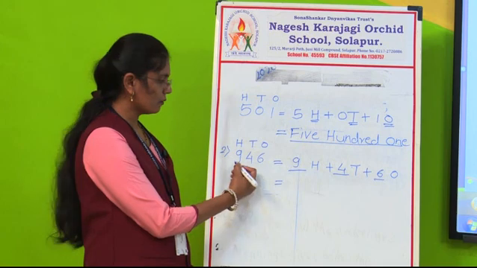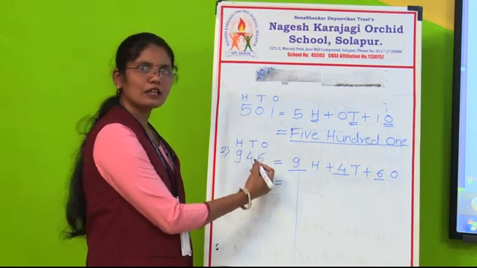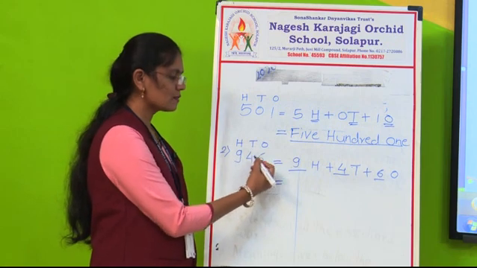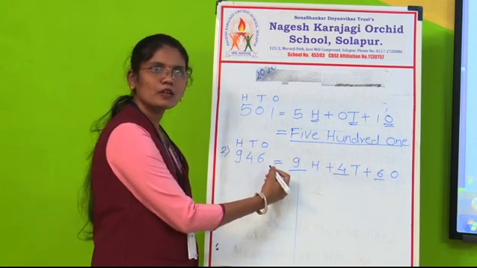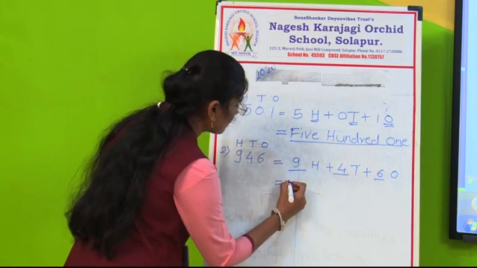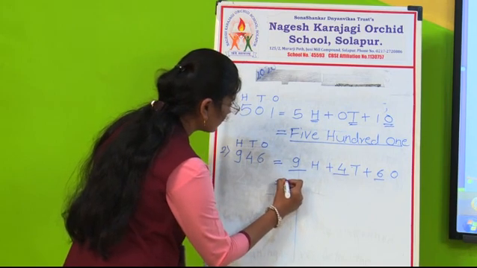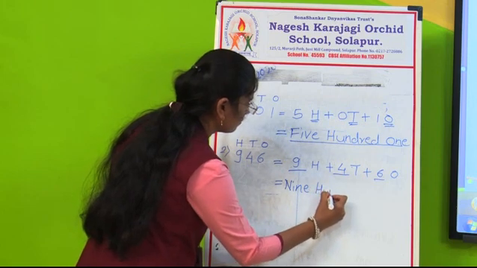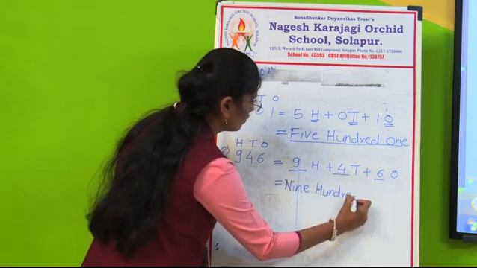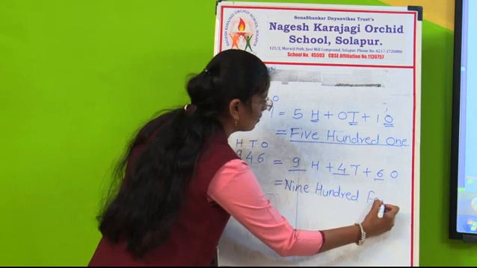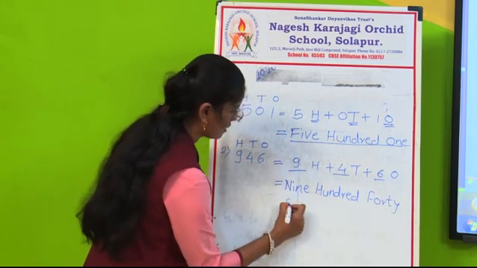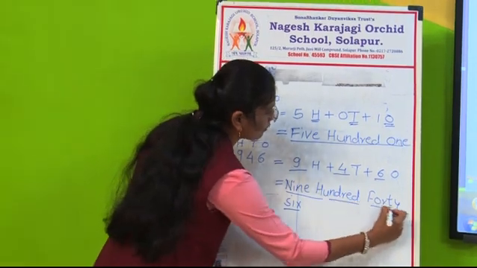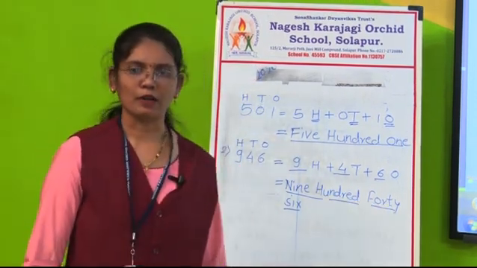Yes, very good. 946, because 900, 4 tens, 6 ones means 946. So let us write the number name of the given number. 946. Okay, this is the number name of the given number.